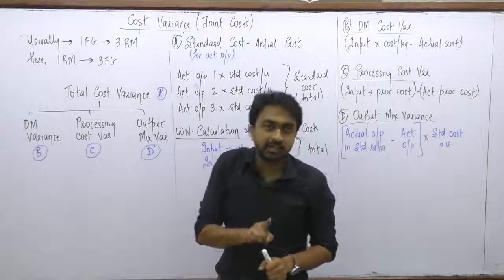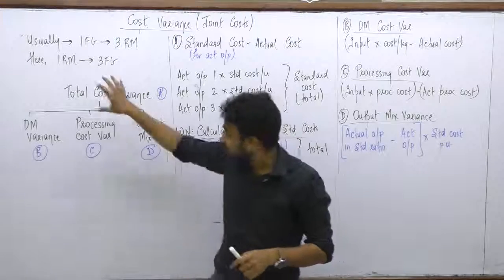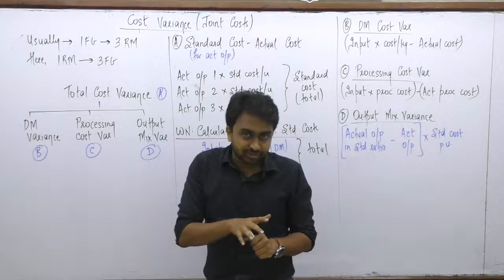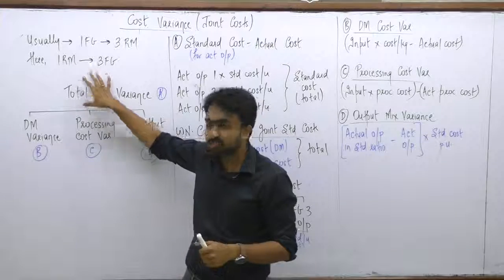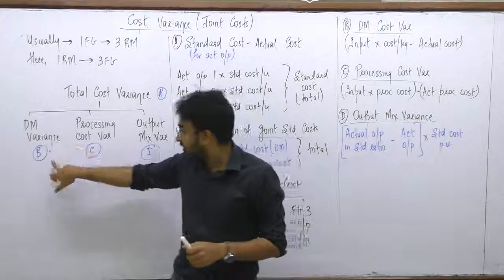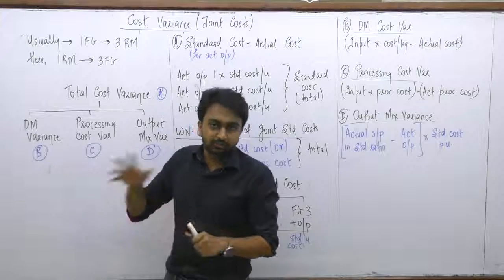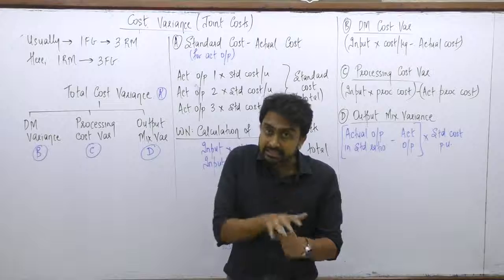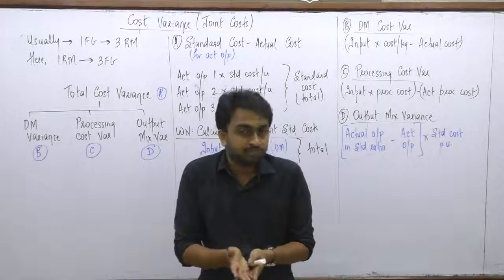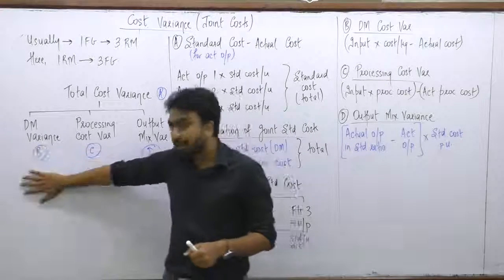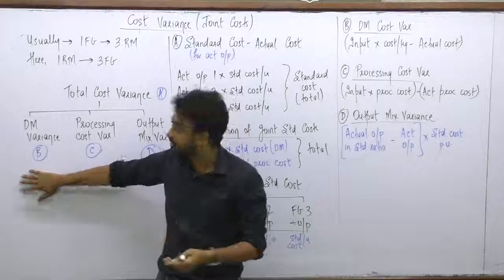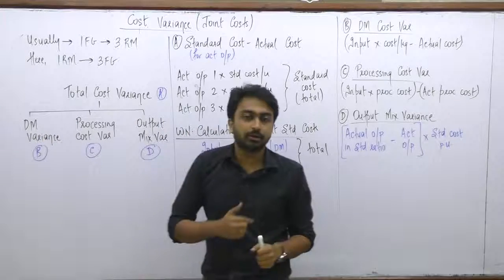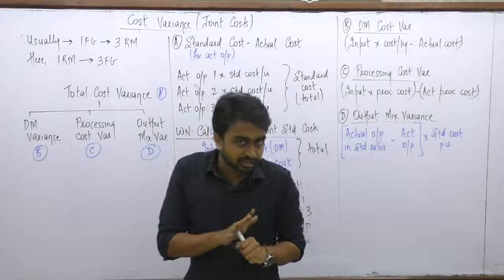I am still finding out the cost variances, but now the analysis of cost variance will be a little different. First is my direct material variance, which means whatever is the cost of the materials that should have been used in the product, minus my actual cost of materials, will be the direct material variance.